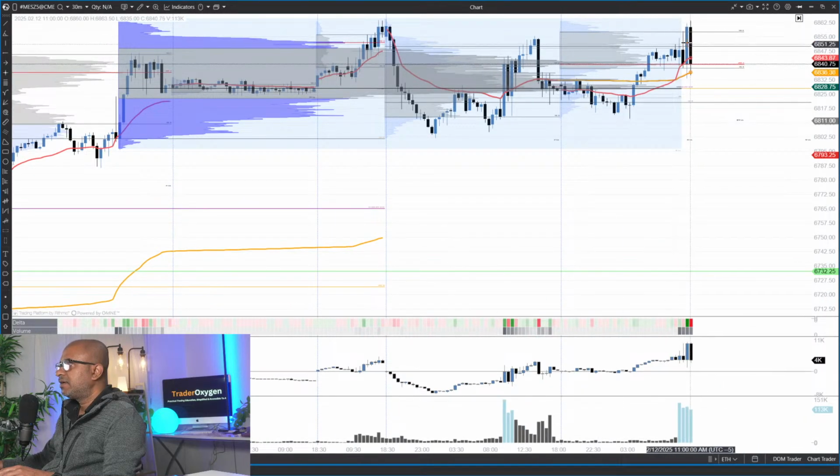So we noticed that at 9:30 the S&P 500 was within the range.